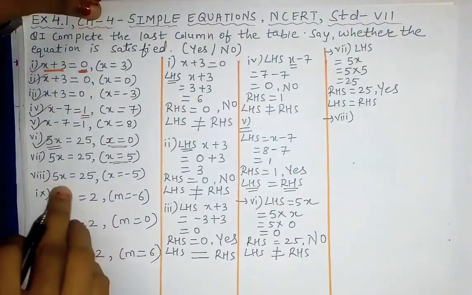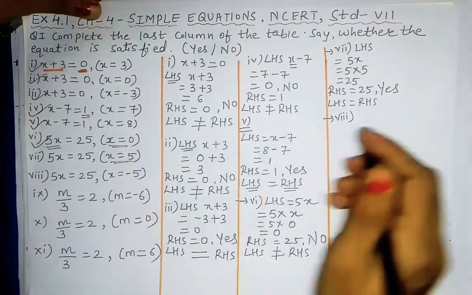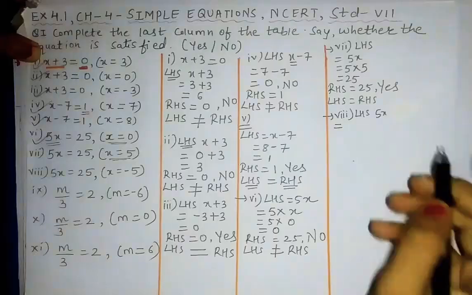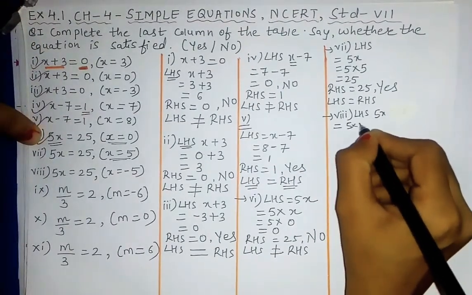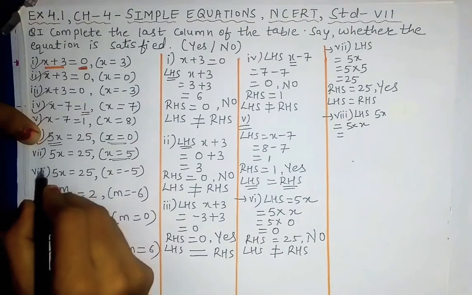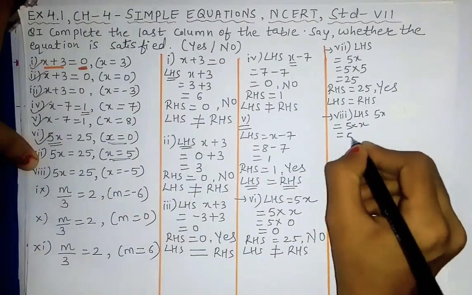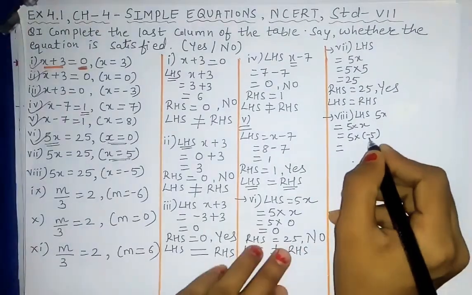Now eighth one, again 5x equal to 25, but the value is minus 5. Again LHS is again 5x. So that is 5 into x. Now in eighth one x is given minus 5. So 5 into minus 5. Now you need to multiply carefully because negative sign is there.